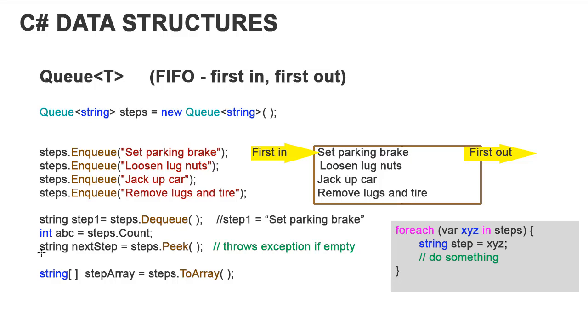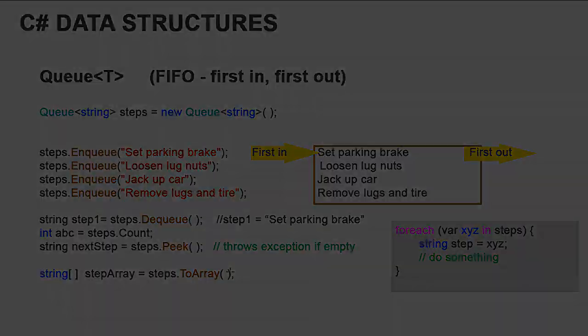And I can also check to see if there are still values here in the queue with the peek method. And we've used peek, of course, when we've read data in from a text file. Well, the peek method also applies here to the queue, and it will throw an error if there are no more steps. And then I can also convert a queue to an array using the .toArray method.